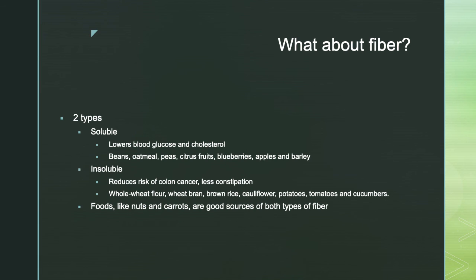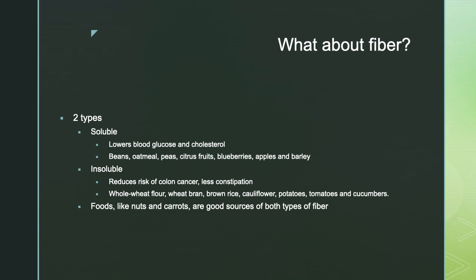They don't have as much contact with the intestinal tract itself. So it reduces the risk of colon cancer, decreases the risk of constipation, also pulls water through your intestinal tract as the fiber moves through there as well.